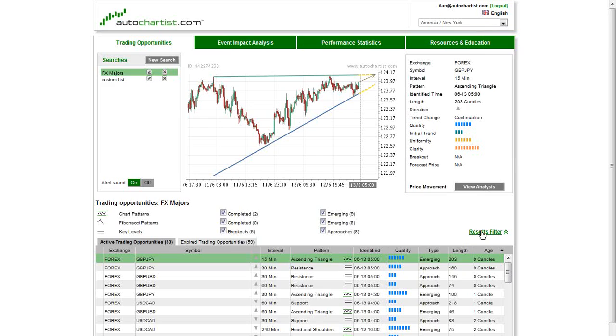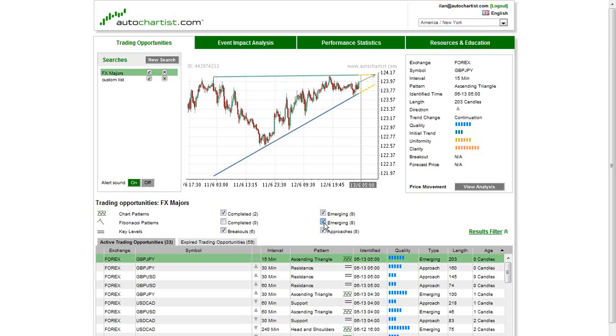Now, let me discuss one more section in the Autochartist screen with you, which is this results filter you see over here, which lets you filter by the type of trading opportunity that you want to see. So for the next moments, I'm going to disable all the different trading opportunities other than completed chart patterns, of which we only have 2 available to us right now.